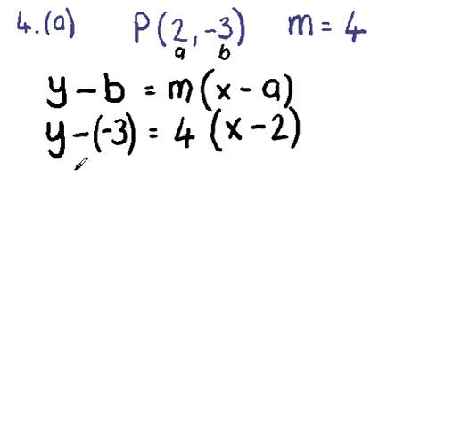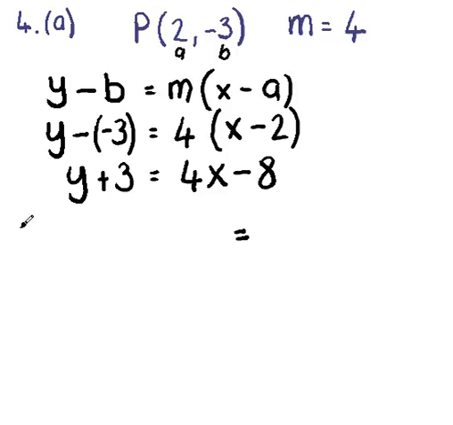Y minus 3 is the same as y plus 3 equals, and then multiplying this bracket out, 4 times x is 4x, and 4 times minus 2 is minus 8. So rearranging will bring everything to the one side, so I'll move my equal sign over a little bit.